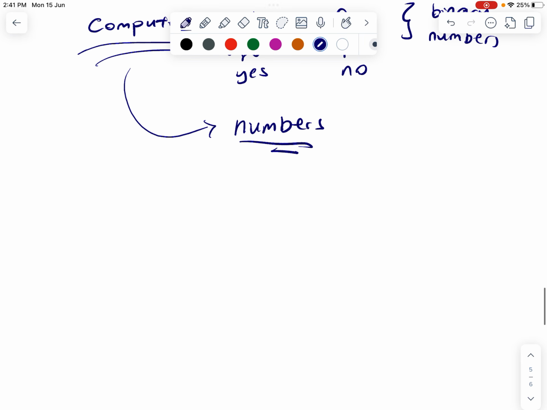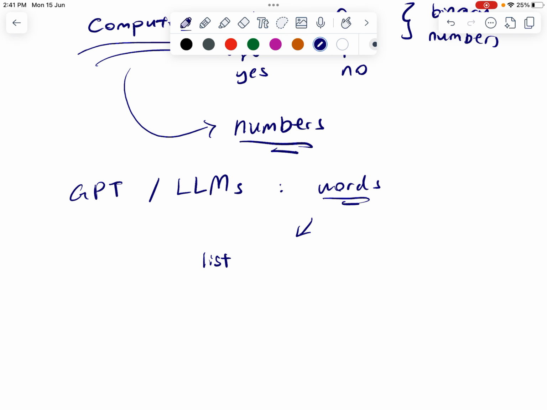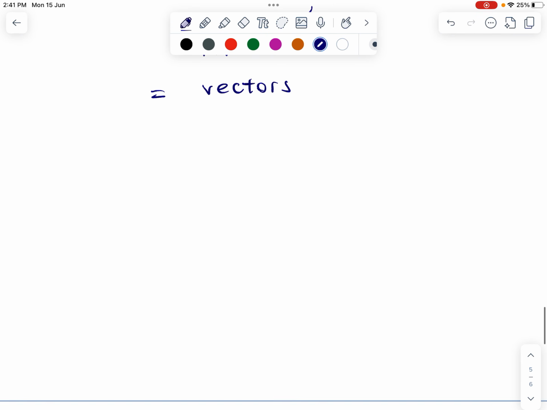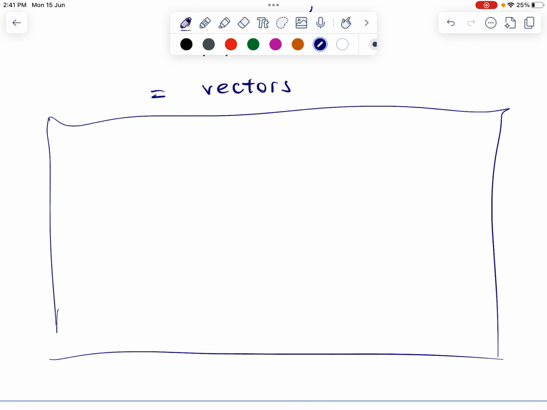Likewise, for a model like GPT or your LLMs more specifically, to understand words, they need a list of numbers. And what this means is that they basically need vectors, right? So, a large language model would need a huge vector space, or like a huge map.